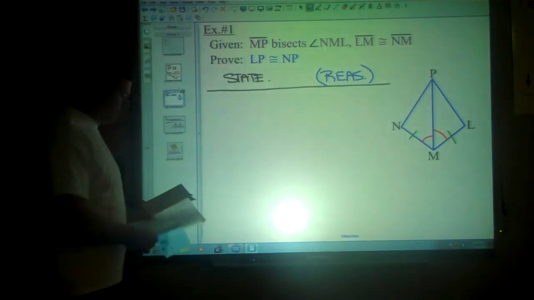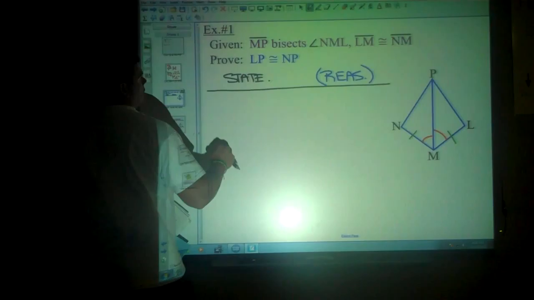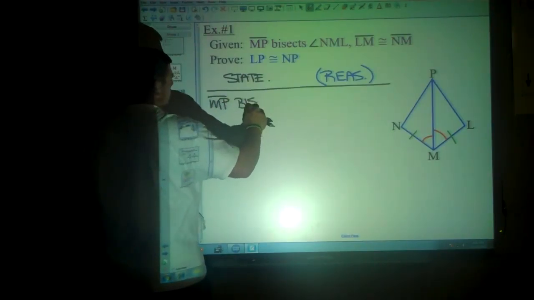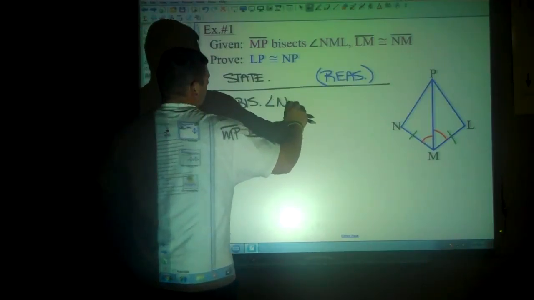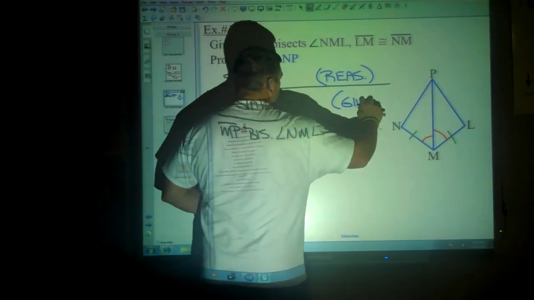Statements and reasons. First of all, the statement, we know that MP is bisecting angle NML. That's given to us.